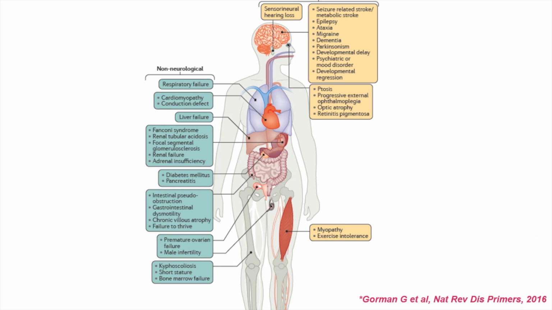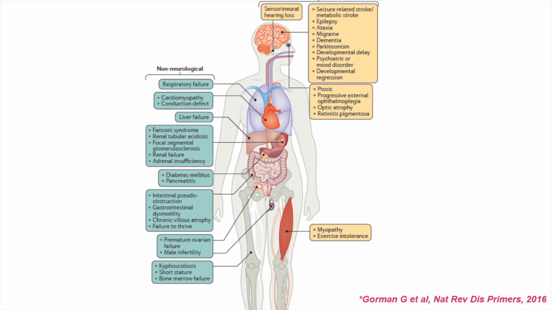Okay, what about the clinical features? With primary mitochondrial disease, I'm a child neurologist by training, and so I divide up the symptoms into those that are neurological and those that are non-neurological. A cardiologist might divide them into cardiac and non-cardiac, but I'm neurology, so here we go. It turns out that the brain needs a lot of energy to run.